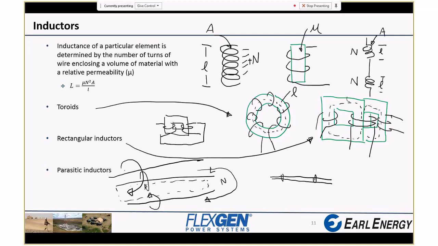If you consider these as the same inductor, you would end up with 2N squared, mu is still there, the area would be the same, and you would get twice the length.